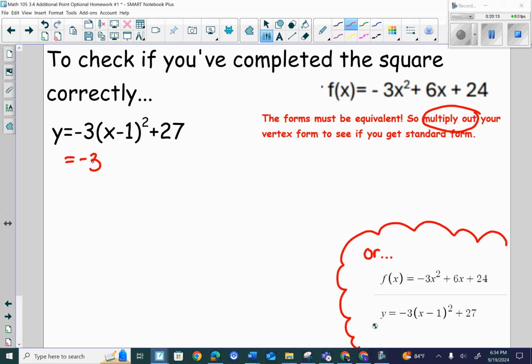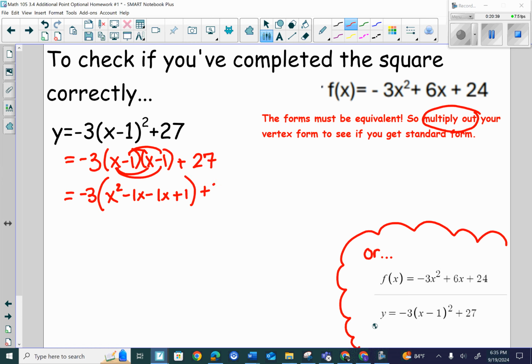I'm going to say -3 times, and I'll write this out so I don't make any mistakes. If you don't know the pattern for squaring a binomial, this is the way you do it. So now I say x squared minus 1x, minus 1x for that inner term, and then plus 1, and plus 27. And that, of course, gives me, for that inside, x squared minus 2x plus 1.